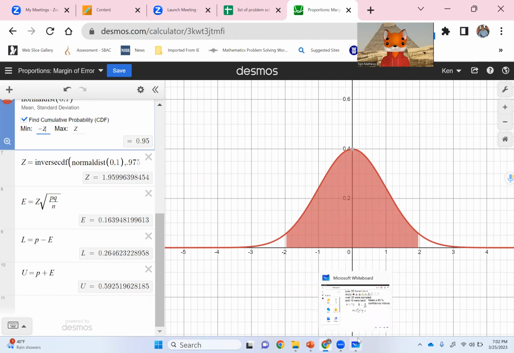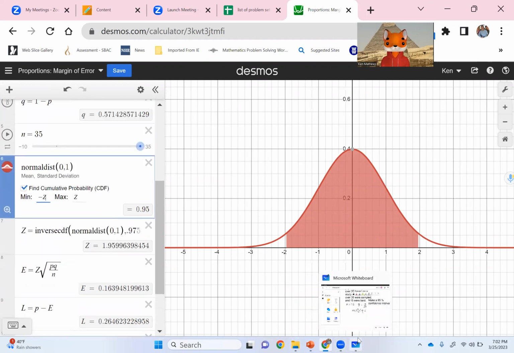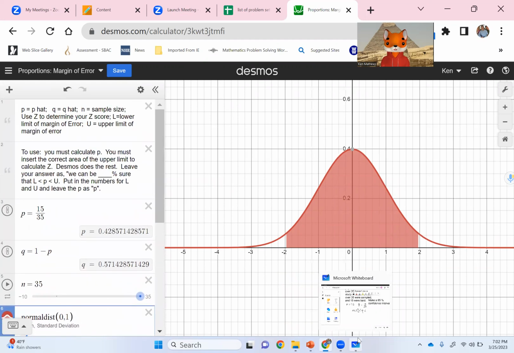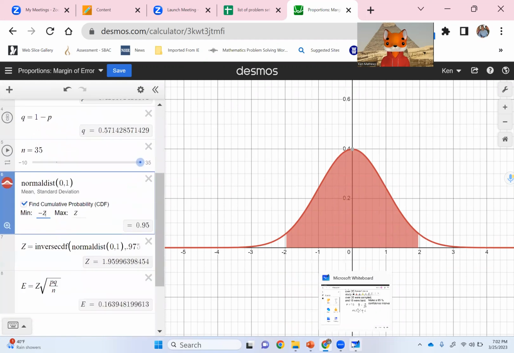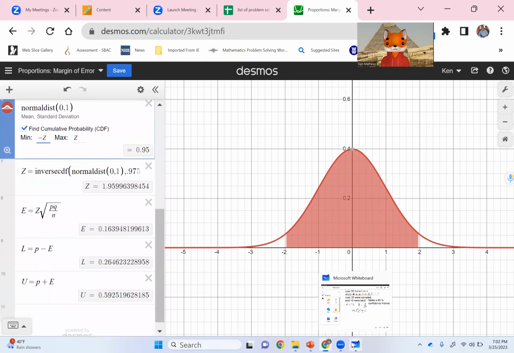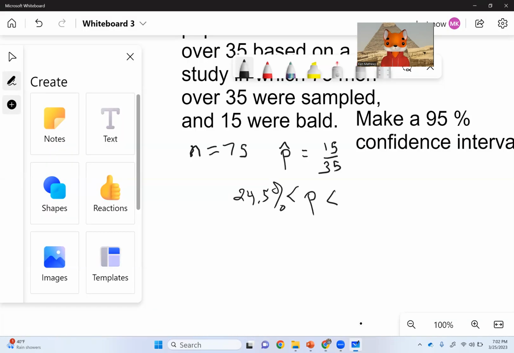And the reason why it's so wide is because our N value was so small. It was only 35. So our upper limit again is 59.3. Relax, I'm going here. Okay, so what does this mean?